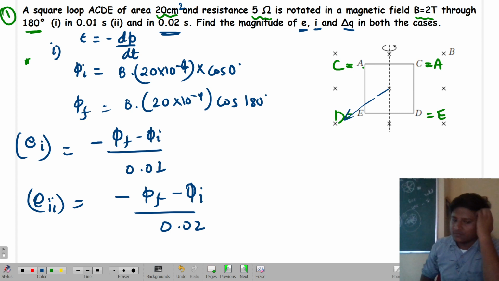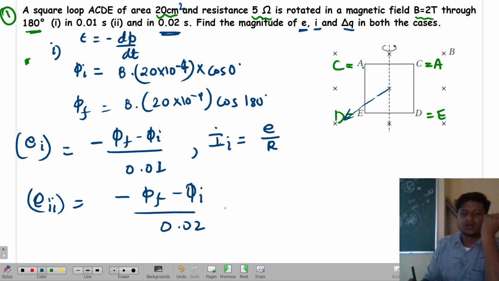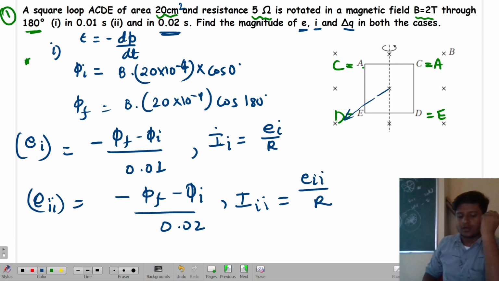So can you calculate the particular EMF in both the cases? Now current: in the first case, current will be EMF by resistance R. Current in the second case will be E second divided by resistance R.